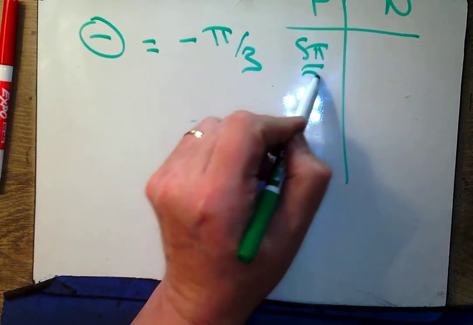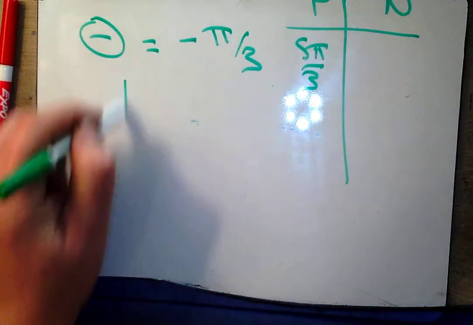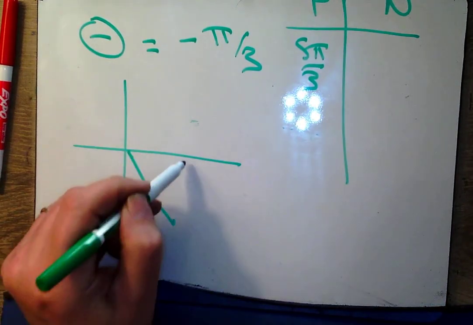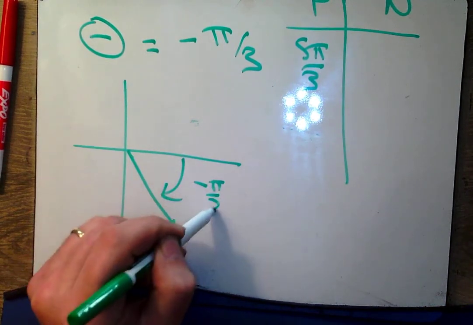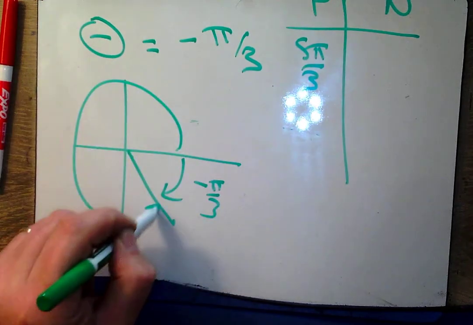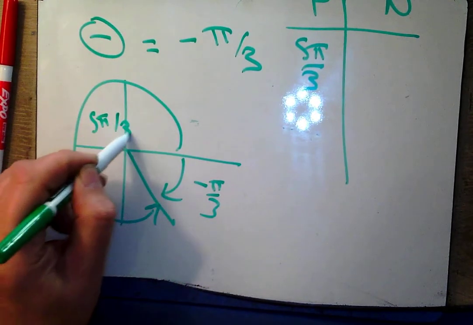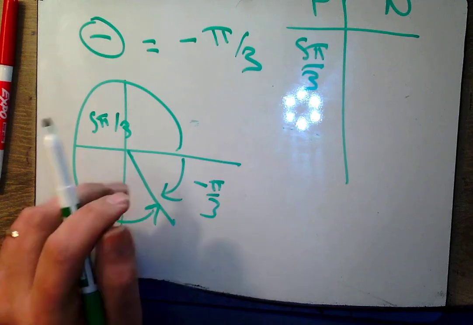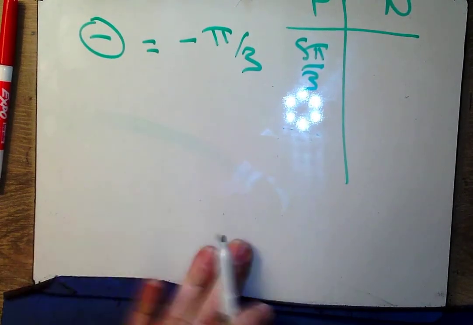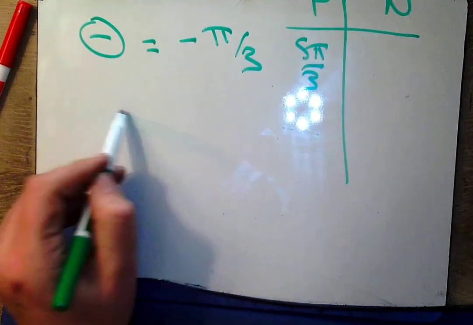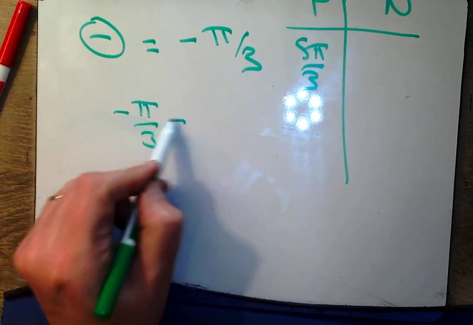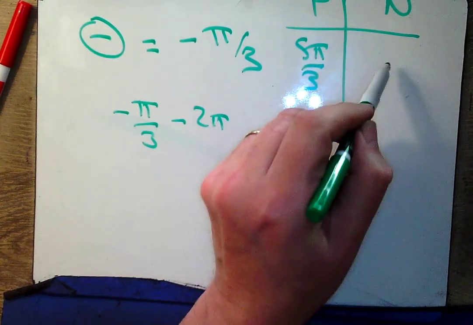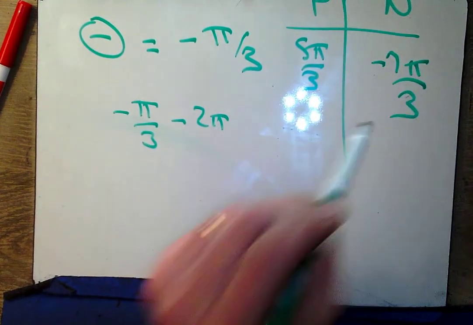Well, I have 5 pi over 3 here for a positive one. This is negative pi over 3. And that's the same as 5 pi over 3. Good. But what about the negative coterminal angle? Well, for that one, I'm subtracting 2 pi. Minus pi over 3 minus 2 pi is going to be minus 7 pi over 3.